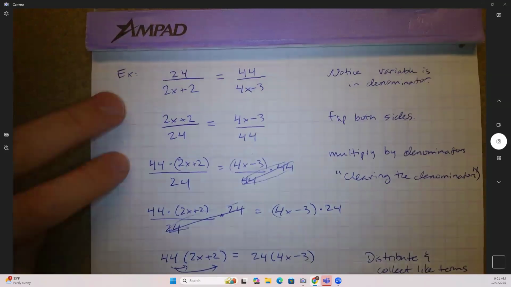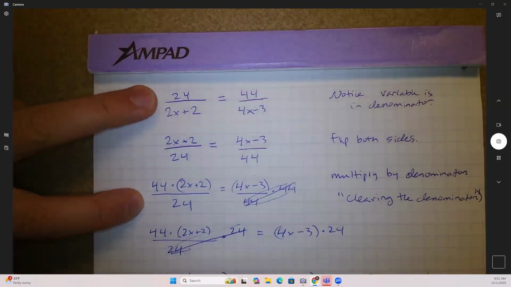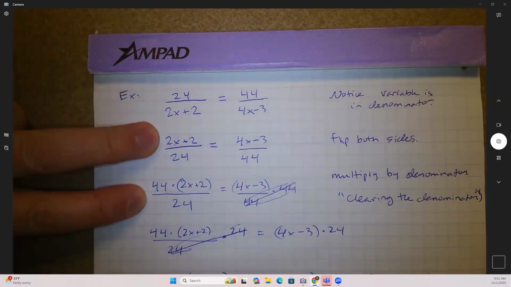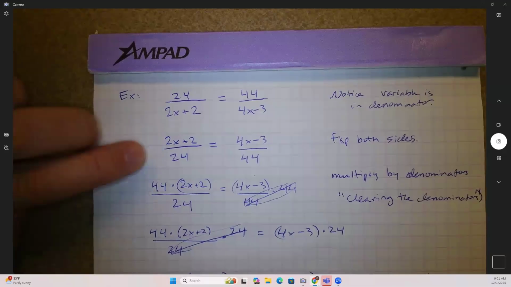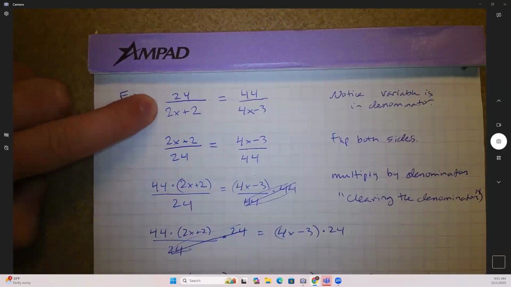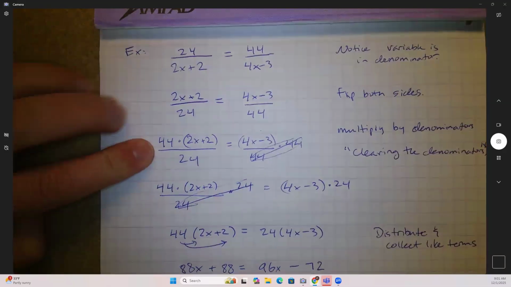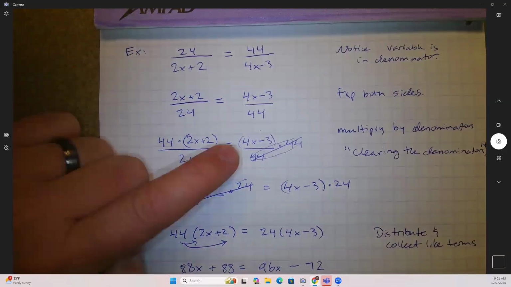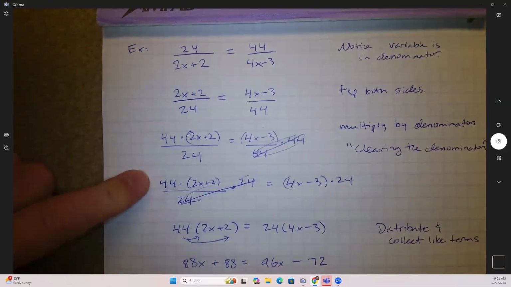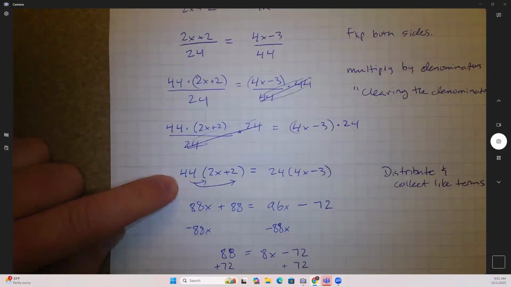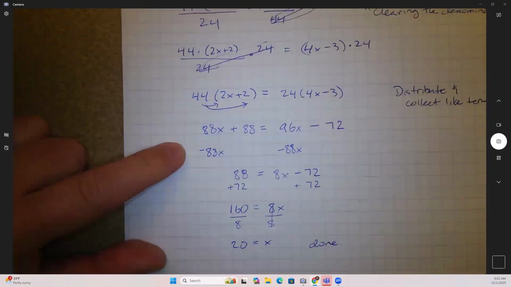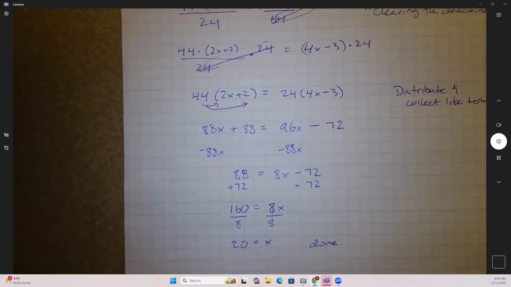But the new piece was these two steps here, basically. The idea of I don't want my variables in the denominator, so I'll just flip both sides of the equation. And then to get rid of those two divisions, I'm going to clear the denominators. And now I'm back to distributing, collecting like terms, and solving.